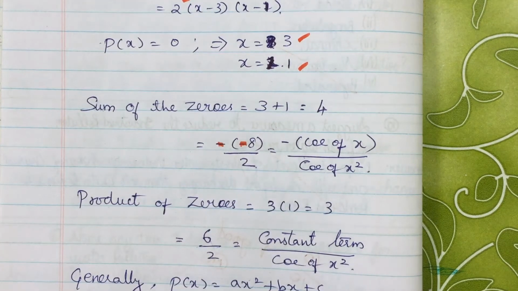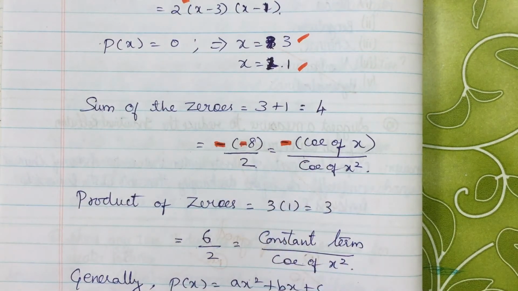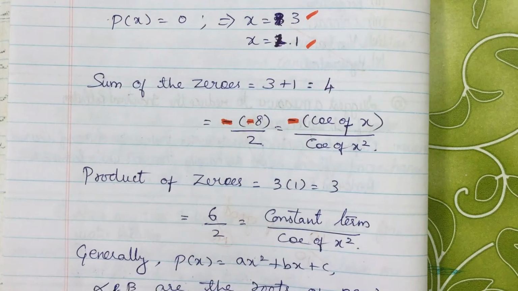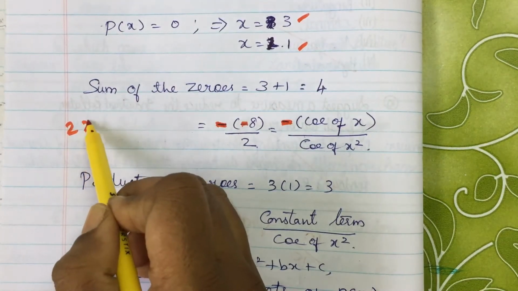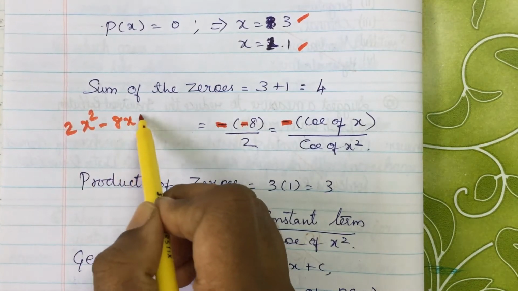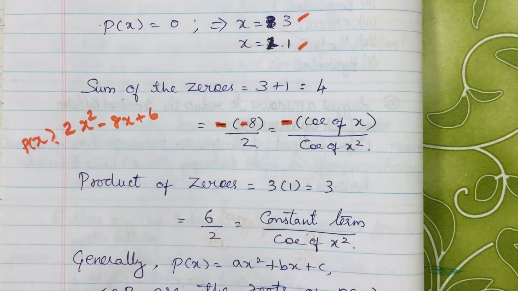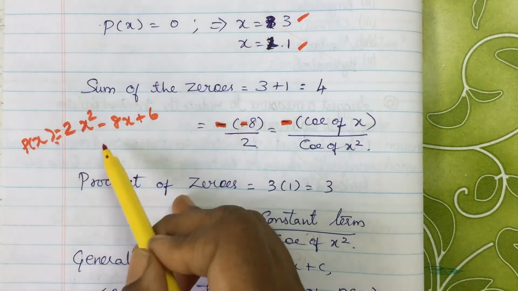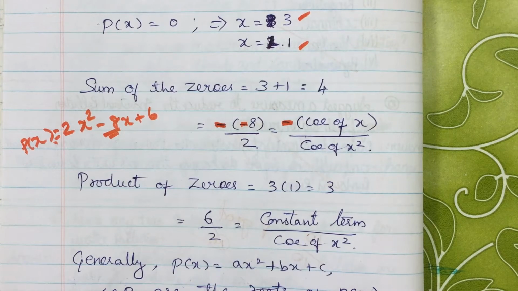This minus is retained here, and instead of minus 8 I am writing the coefficient of x, because the given polynomial p of x is 2x square minus 8x plus 6. So instead of minus 8 I am writing minus of coefficient of x divided by 2, where 2 is nothing but the coefficient of x square.